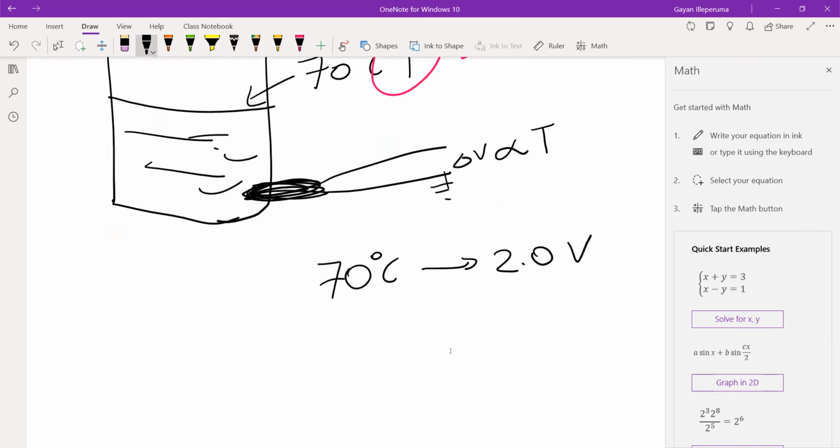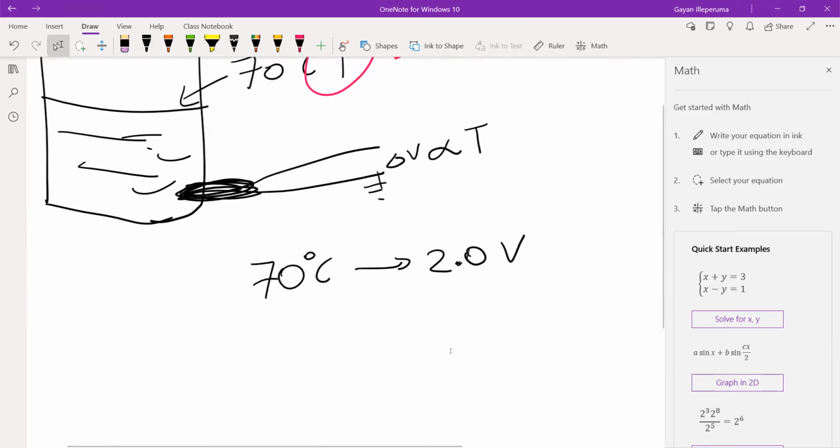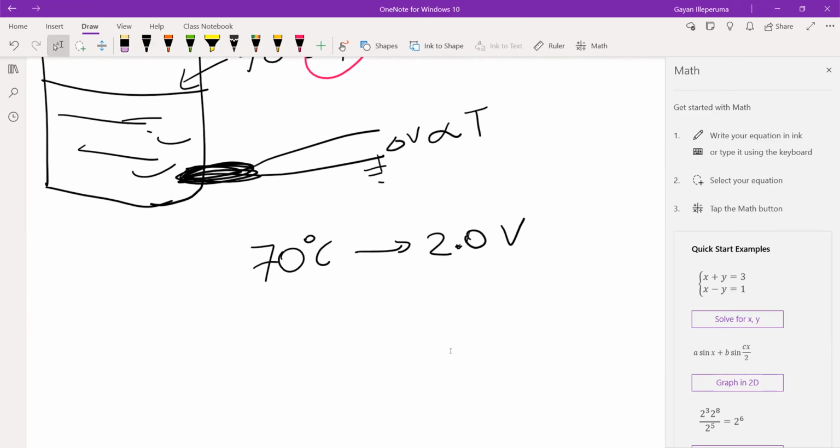If it is above 70, your thermocouple voltage will go above 2 volts. If it is below 70 Celsius, your thermocouple voltage will be less than 2.0 volts. So this will be your input.